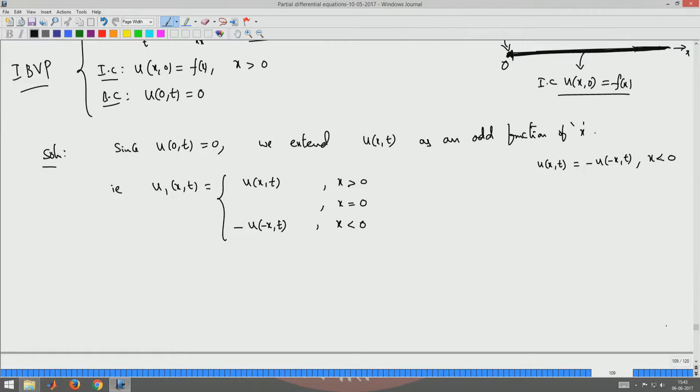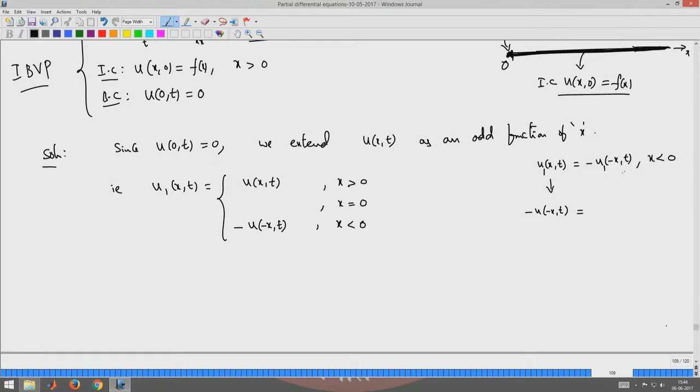So, that is the meaning, okay. Or u1 is this one, that is actually equal to u1 of minus x,t. So, what is u1 at x,t, x negative? It is minus u of minus x,t.